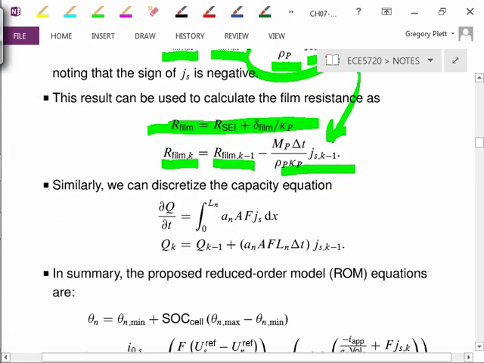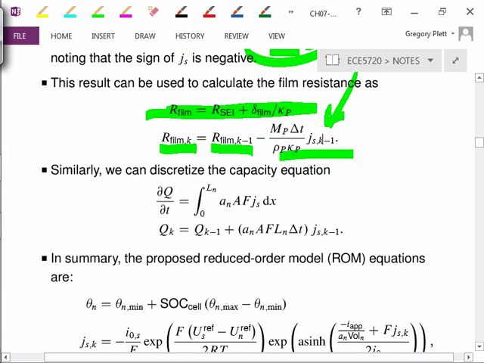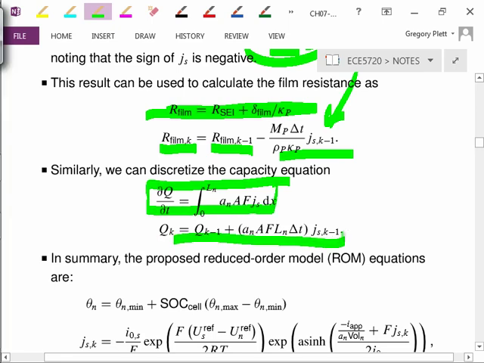And we can also discretize the capacity equation, which Ramadas had as this integral equation, and we convert the integral equation into discrete time with our assumption that the capacity loss is uniform over the electrode. So I have a rectangular integral, so that new capacity is old capacity plus a constant times Js, and since Js itself is negative, that means the capacity is not increasing.